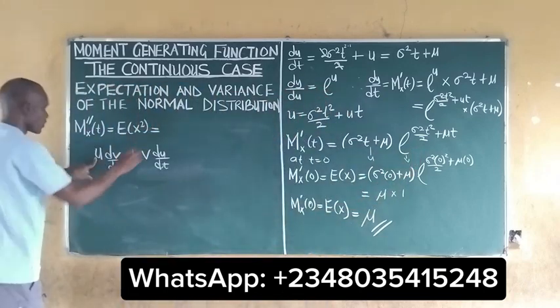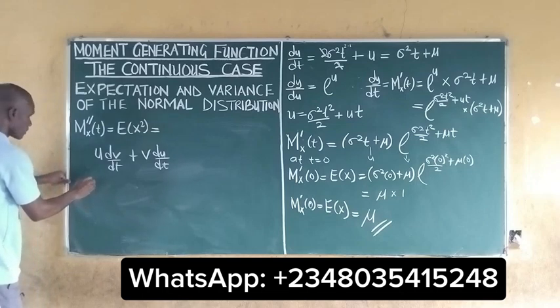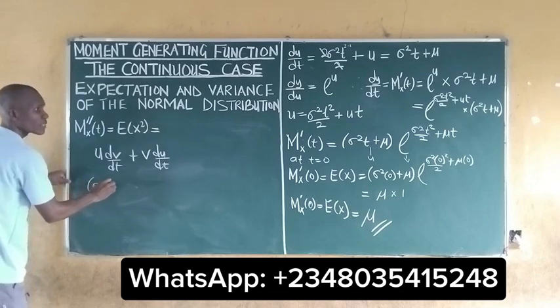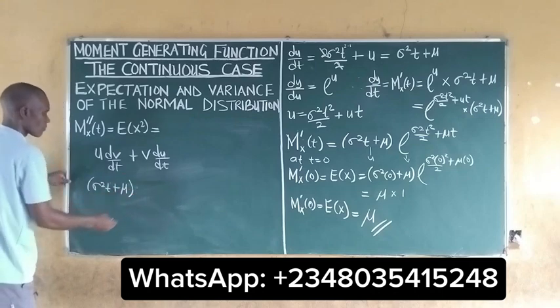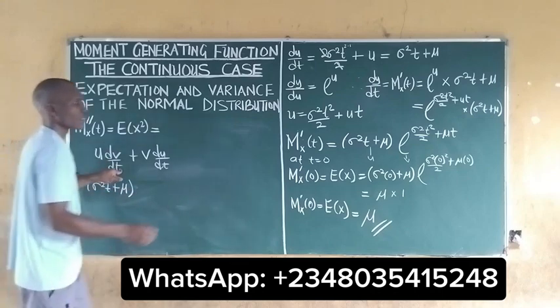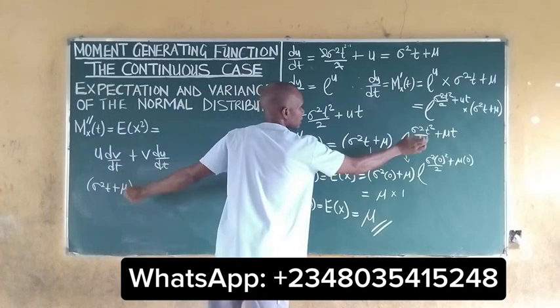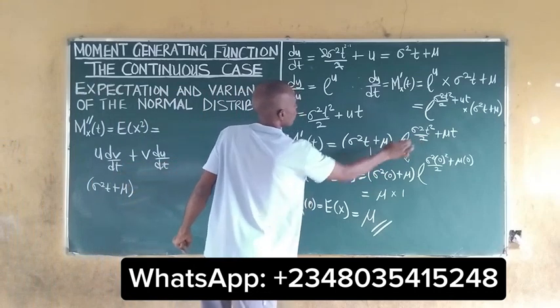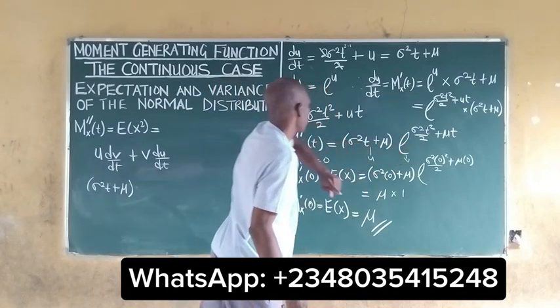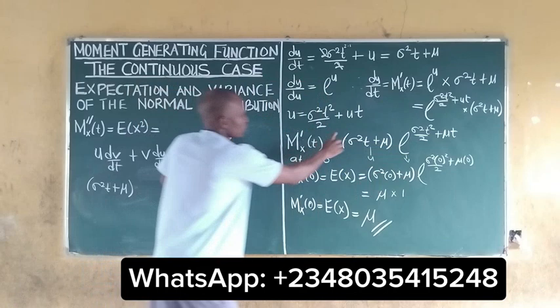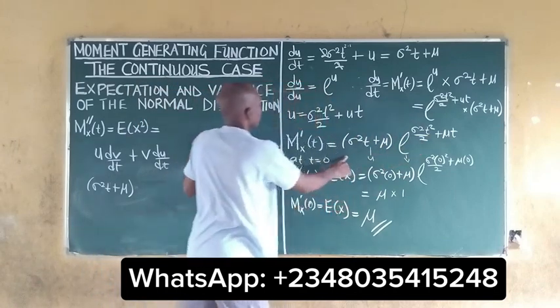So our u, we bring it down, we get sigma squared t plus mu. The v over dt, we have differentiated this before. If we differentiate this, we get the whole of this function. That is what we got.